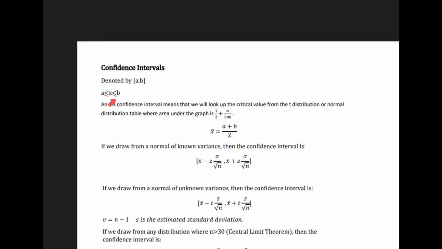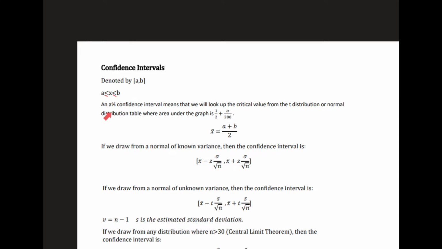Okay, so an A% confidence interval means that we will look up the critical value from the t distribution or normal distribution table where the area under the graph is half plus a over 200. So to understand this, of course, we have to take an example.